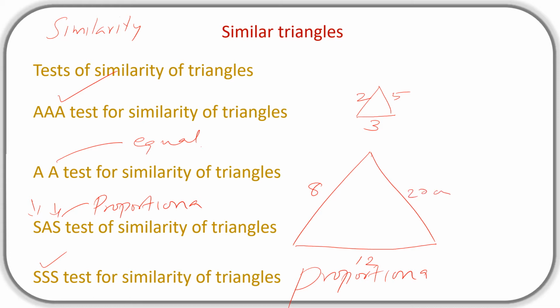But if this is 60 degree, this also will be 60 degree. Understood? If this is 70 degree, this also will be 70 degree, equal. Then this will be 50 degree, this also will be 50 degree. So when it comes to angles, they will be equal, and when it is sides, they will be proportional.